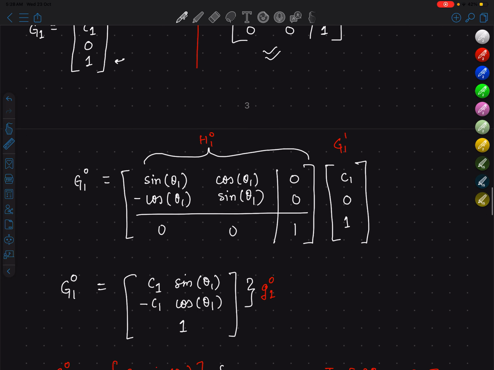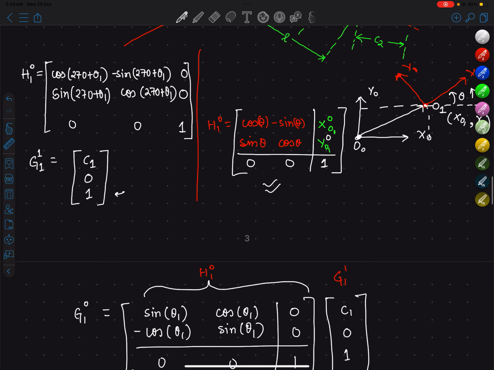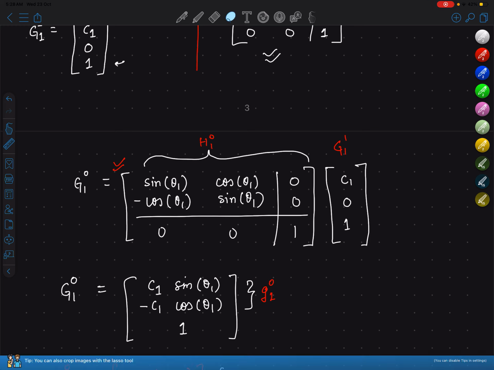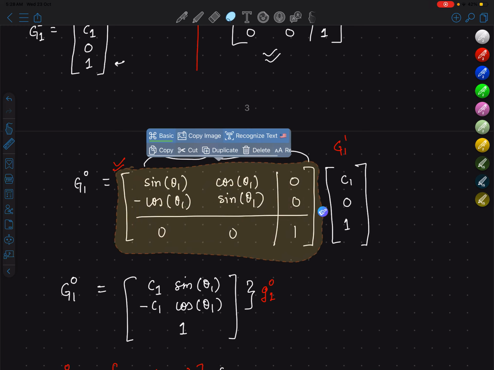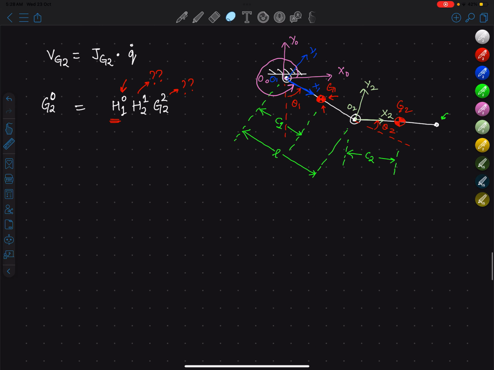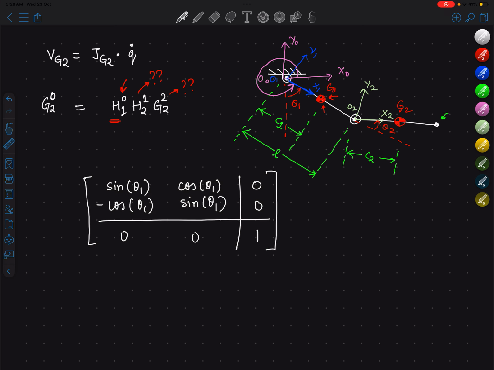We simplified it here, so we'll copy this matrix, copy and paste. Okay, so this is the matrix H1 naught.